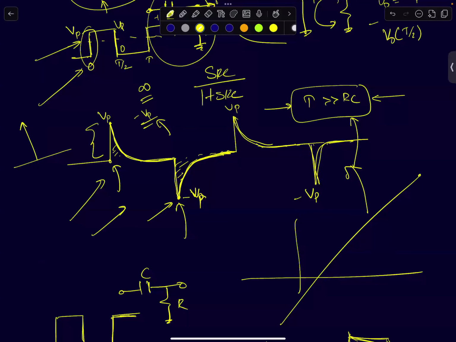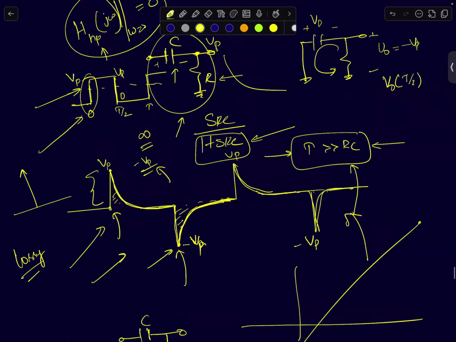It's behaving like a lossy differentiator. It's called a lossy differentiator because an ideal differentiator would have given me an infinite output, but here I'm getting a finite output, and that is dictated by the infinite frequency gain of the system.